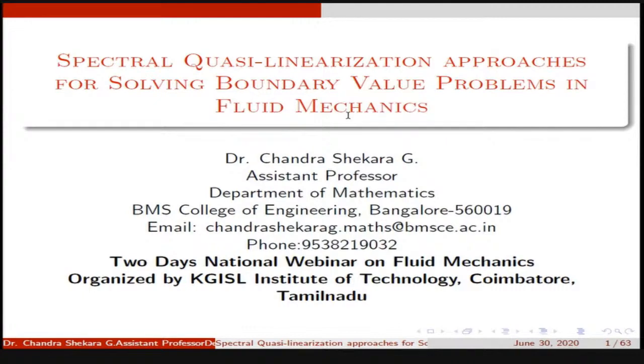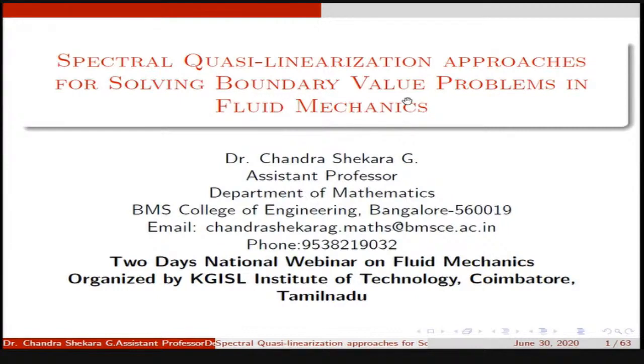Most mathematicians are interested in modeling fluid mechanics problems as mathematical equations. These equations may be linear, just algebraic equations, but we won't get simple algebraic equations in fluid mechanics. Instead, we get differential equations. I hope most of the participants know what a differential equation is.